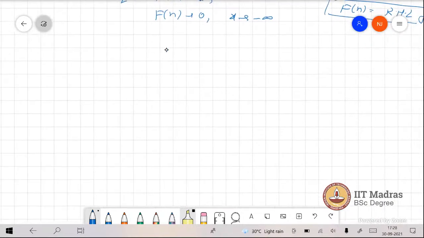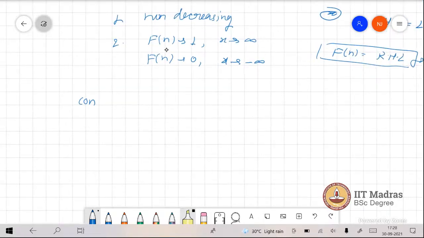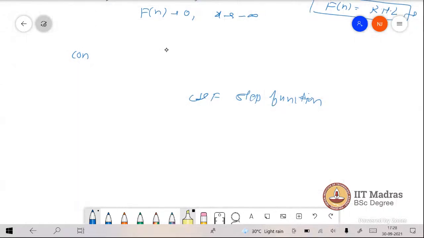Now come to the continuous random variable. For a discrete random variable, always remember the CDF is a step function. But if the CDF of a random variable X is a continuous function, then you say that X is a continuous random variable.